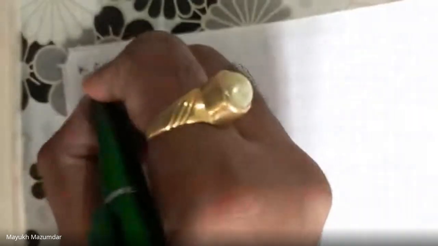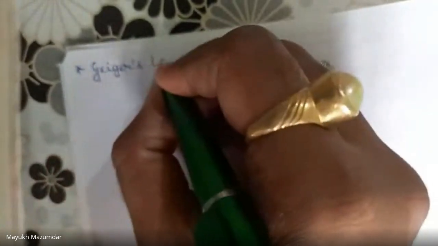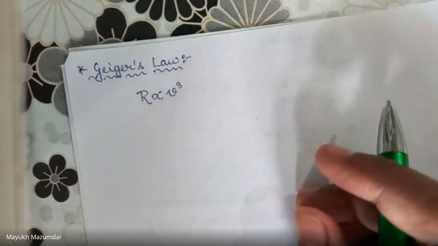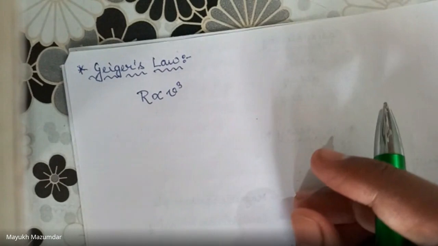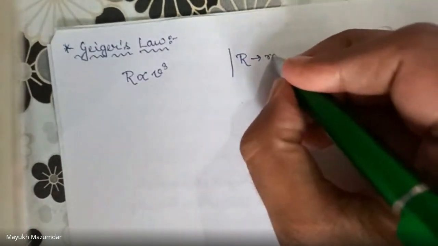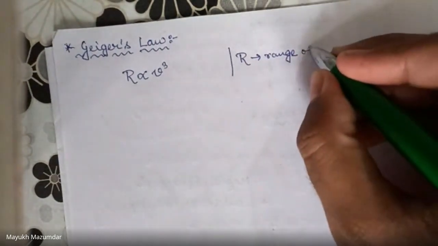So it's called Geiger's law. Geiger said that the range of an alpha particle is proportional to the cube of its velocity. Keep in mind, from now onwards, if I don't state otherwise, then R is the range of alpha particle.